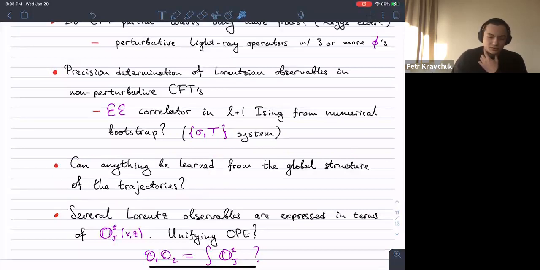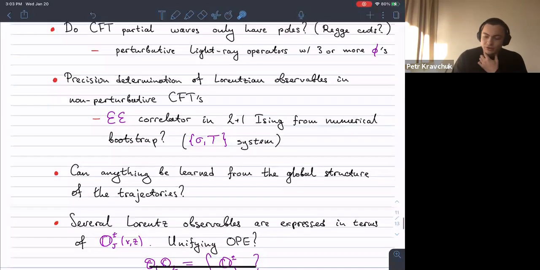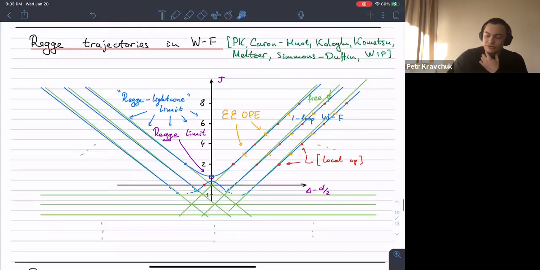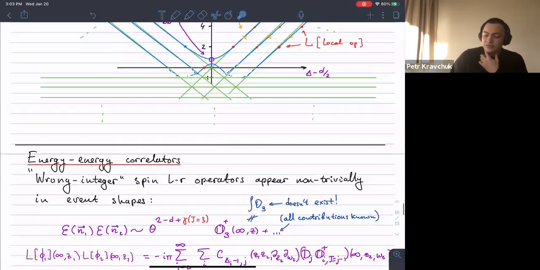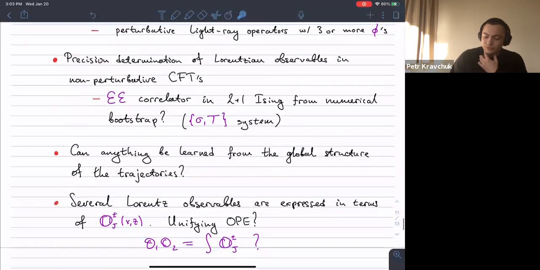Perhaps one can get new techniques for computing, let's say, anomalous dimensions perturbatively, because if you try to compute anomalous dimensions of these trajectories, you will find that as functions of spin they have poles at the points where these trajectories intersect other Regge trajectories. And maybe by understanding these poles, you can understand something about the anomalous dimension in general.